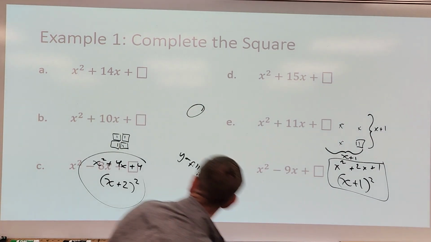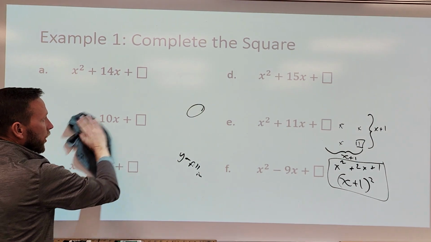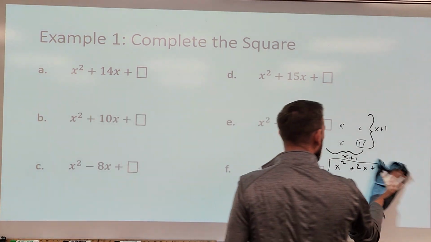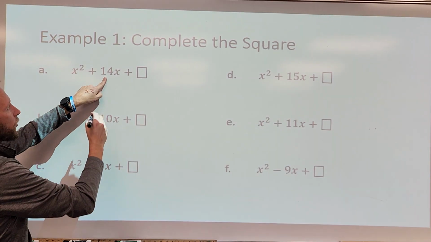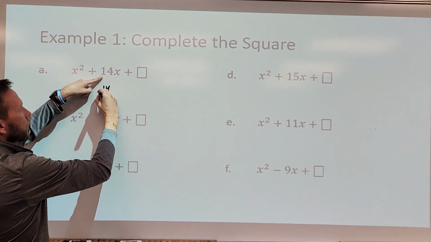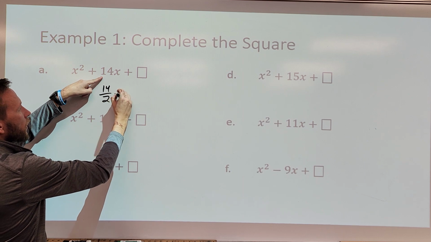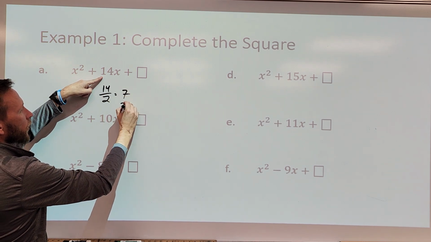Let's think about what we do to make sure that we can complete this square. Well, really what's happening here is we are cutting this number in half, and then we are going to square that number.